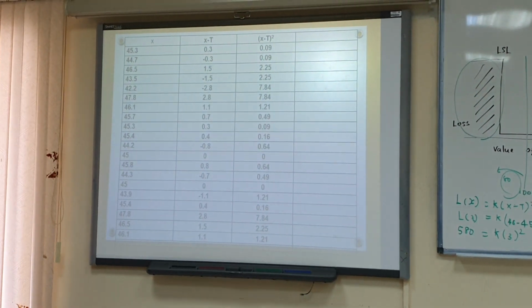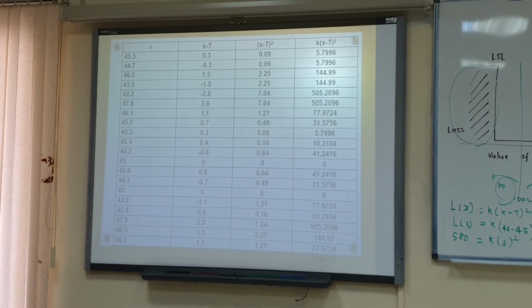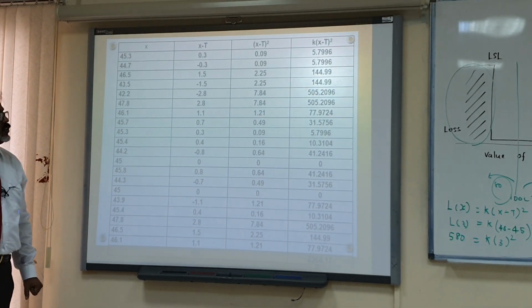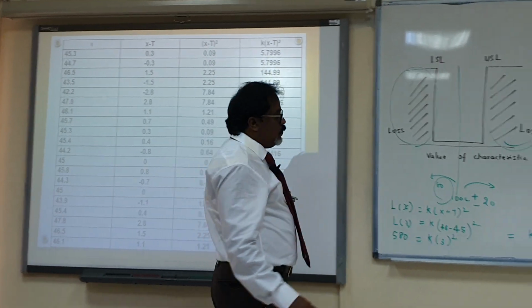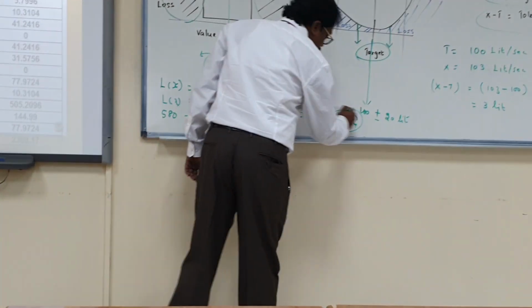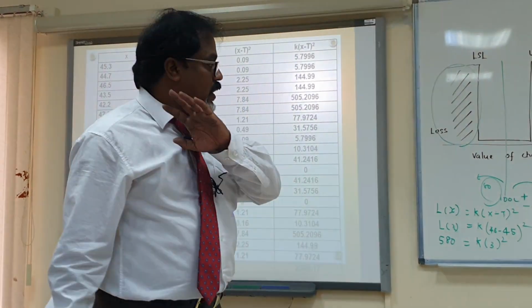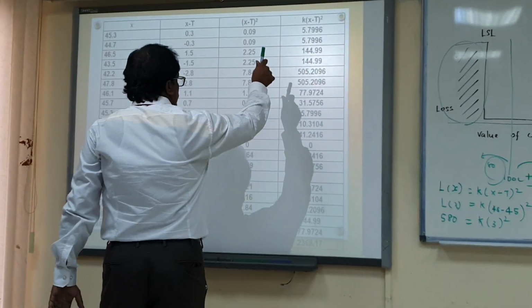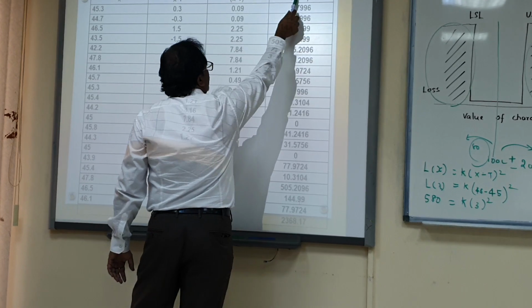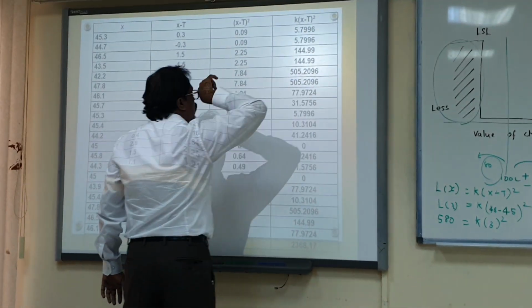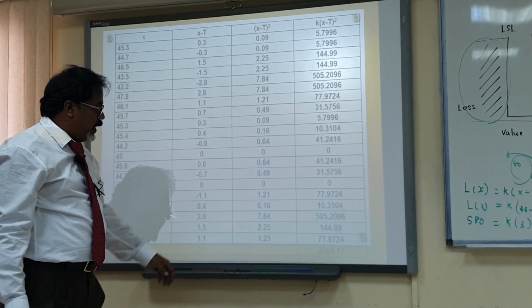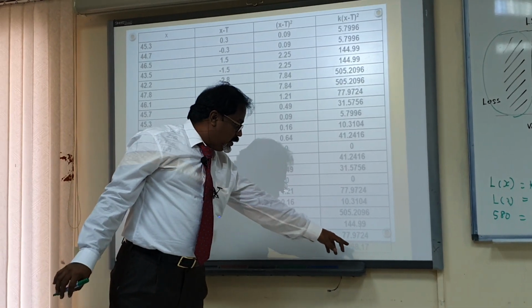Then what do you calculate? K into (x minus t) whole square. K is 64.44, already calculated based on the information given in the question. You multiply k with (x minus t) whole square.